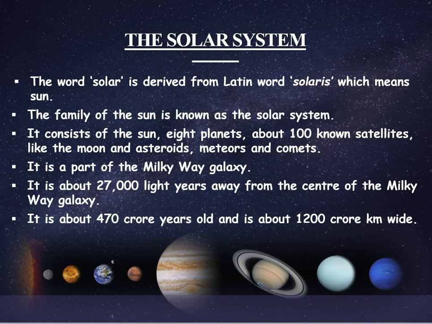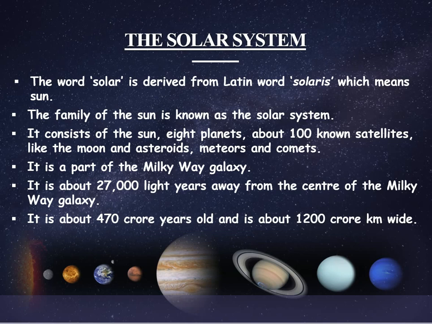So what we were discussing, the family of the sun is known as the solar system. The sun and the 8 planets along with the satellites, moon, asteroids, meteors, comets, all are a part of the solar system, and it is a part of the Milky Way galaxy, which is about 27,000 light years away from the center of the Milky Way galaxy.